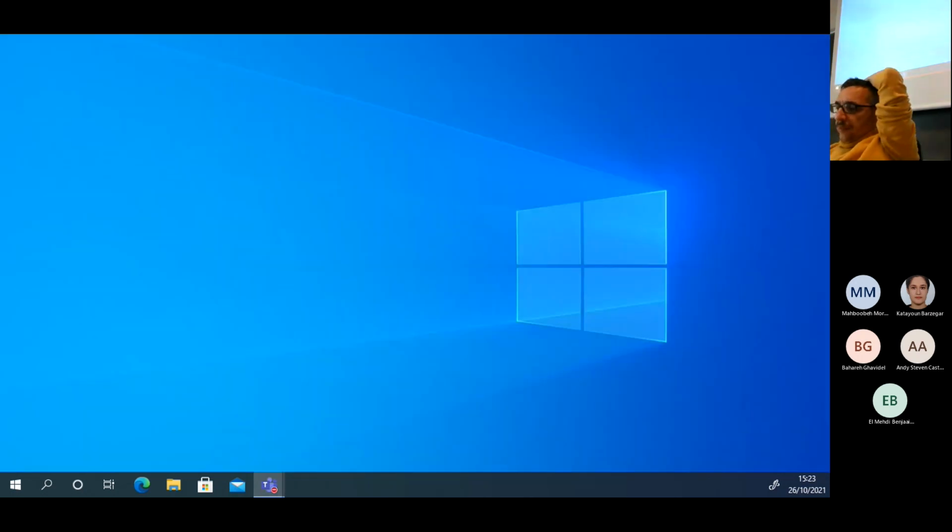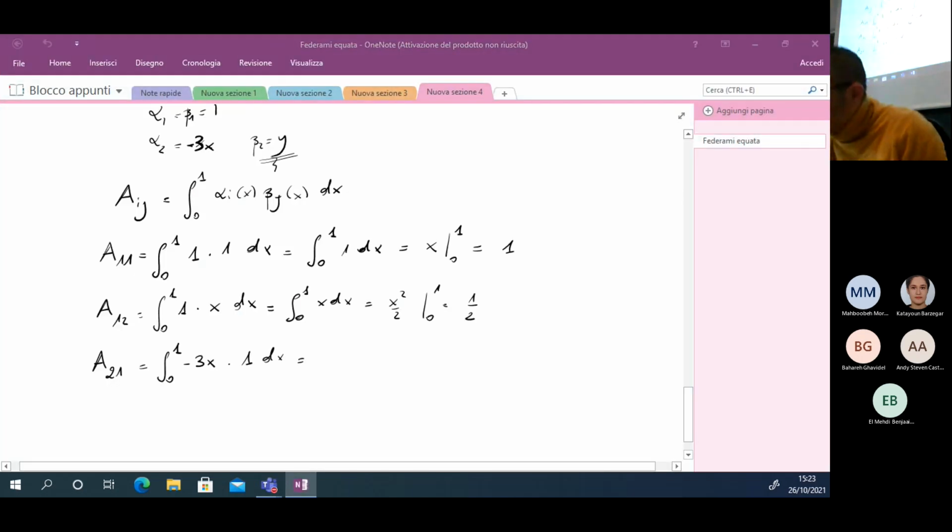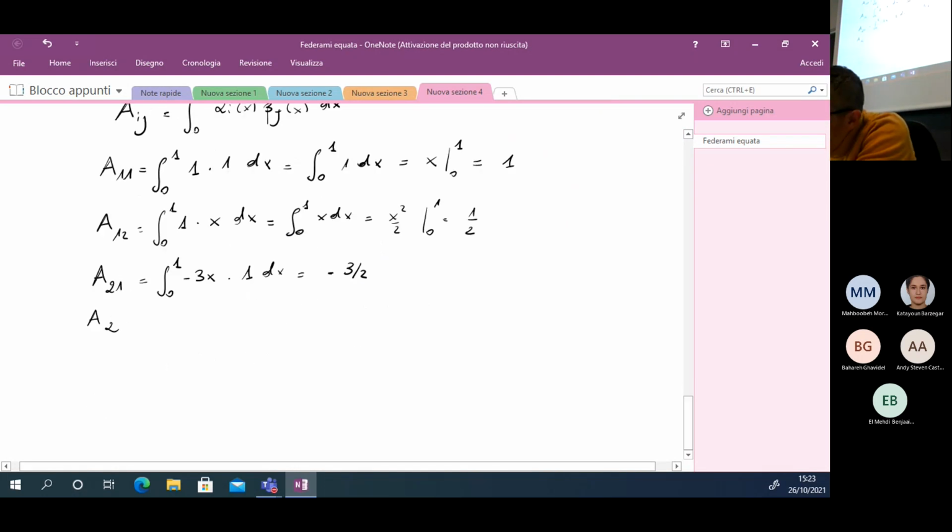And finally, there is a22: the integral between 0 and 1 of minus 3x times x in the x, which is minus 3x cubed divided by 3 evaluated between 0 and 1, which is minus 1.